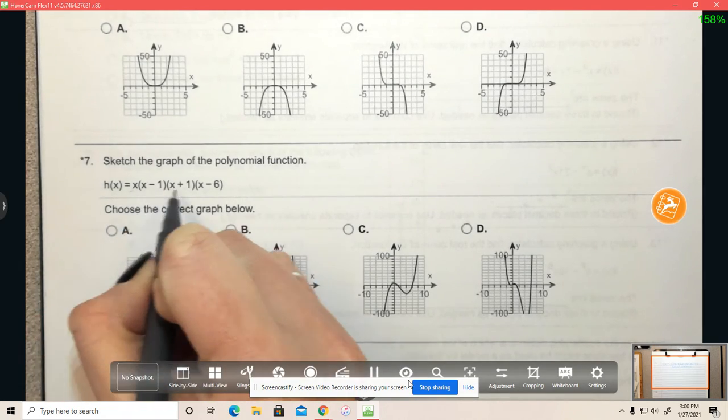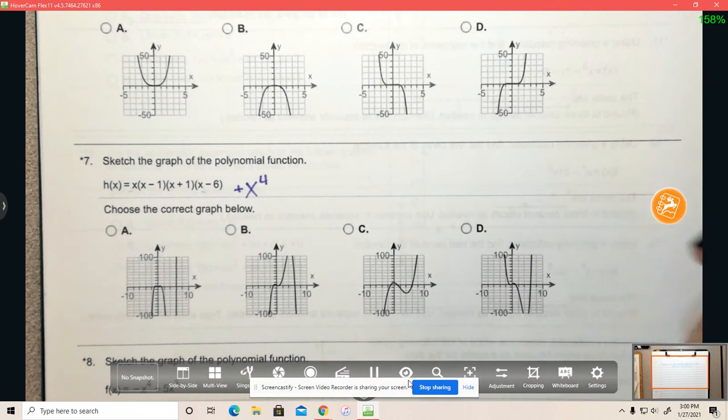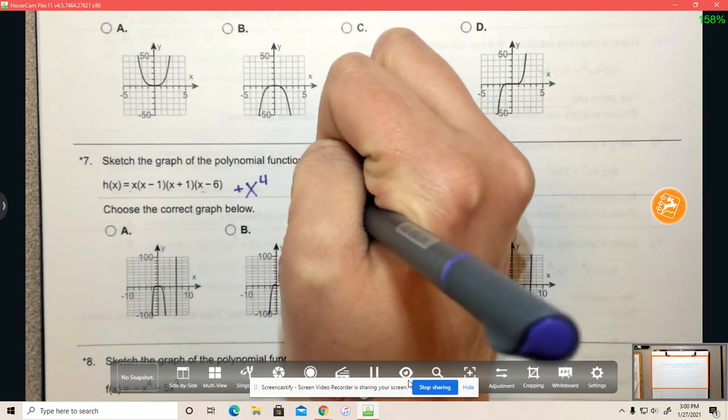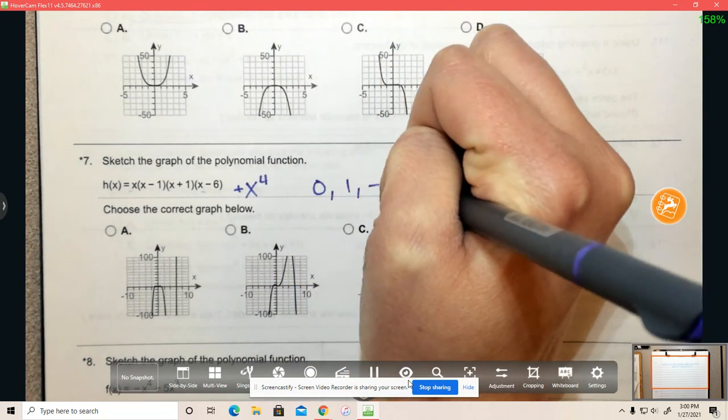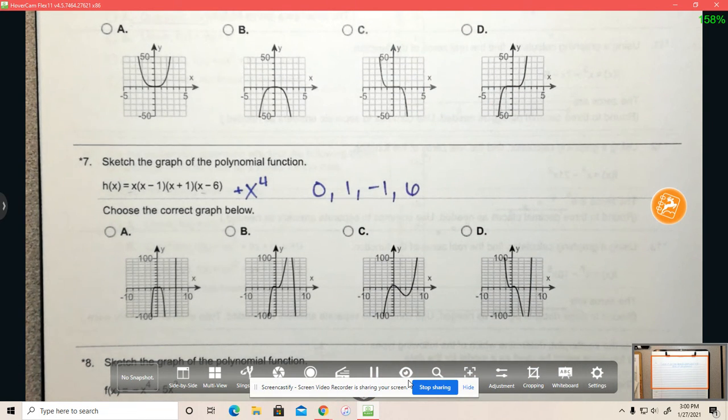So x, x, x, and x, so that's x to the 4th, and it's positive. So that means our ends are going the same direction, okay? And so that can help us. And then we can also pick out the zeros. So we have 0, 1, -1, and 6. So it has to go through the origin, okay? And so that narrows it down.